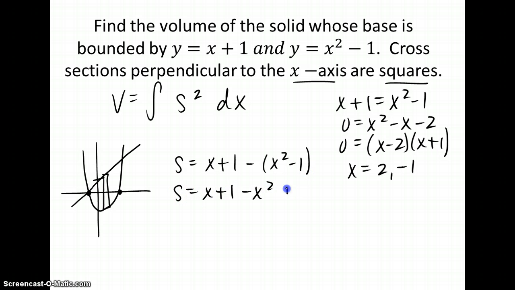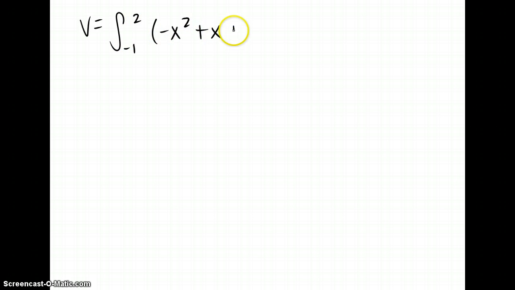Distributing the negative, negative x squared plus x plus 2. So now to find the volume, the integral from negative 1 to 2, negative x squared plus x plus 2, quantity squared, because that's just the side, then we have to square the side.